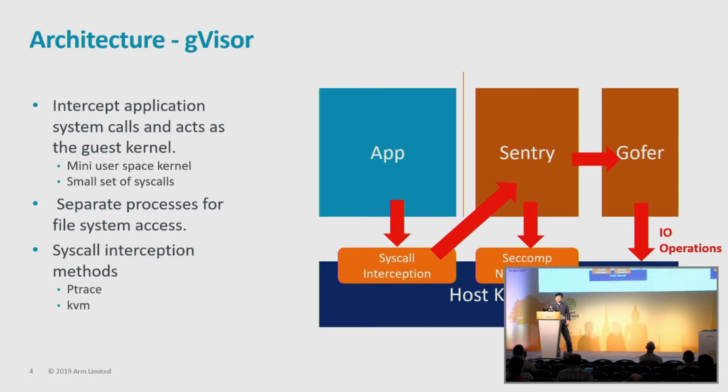Now, only about 70 syscalls can be executed in the host Linux kernel, and this feature is implemented by the Linux seccomp feature. From the security side, gVisor considers these 70 syscalls safe. And the other syscalls are implemented by the gVisor user space kernel. I think that the number is more than 200.